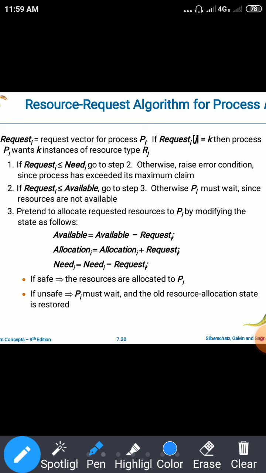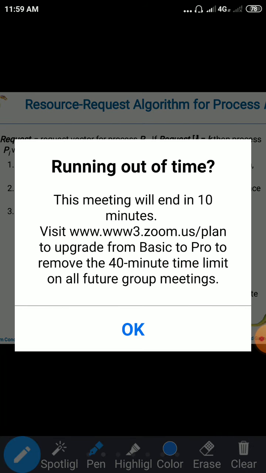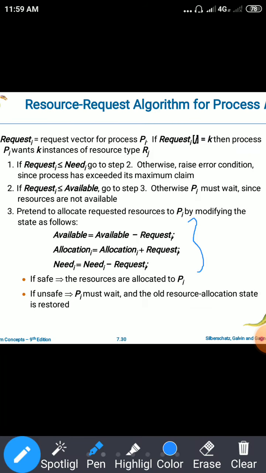So after calculating this, if the system results in a safe state, then the resources are allocated to PI. Understood? So after calculation of these available, allocation, need, we'll check whether the system will be in the safe state or not. If the system is in the safe state, then immediately the resources are allocated to the requested process PI.